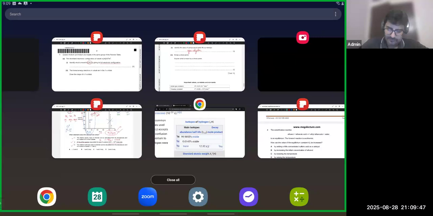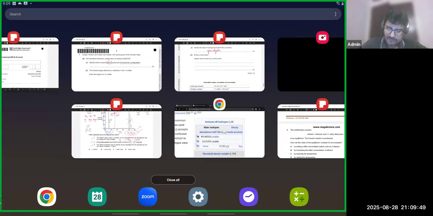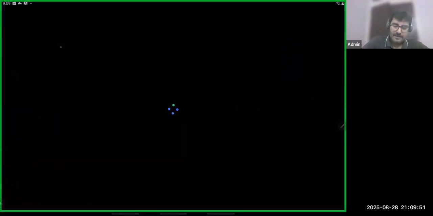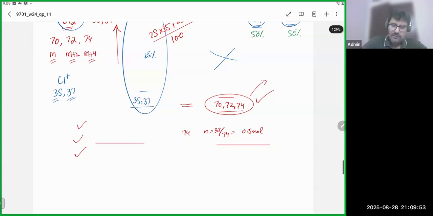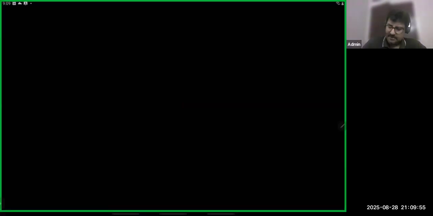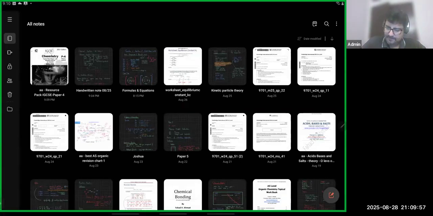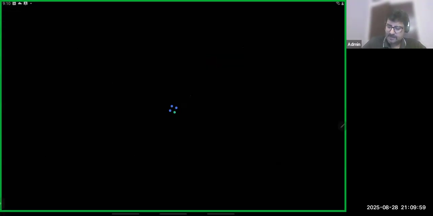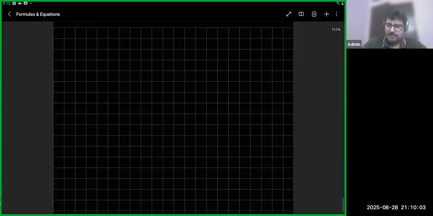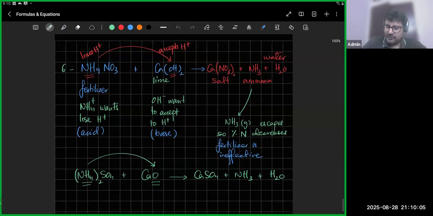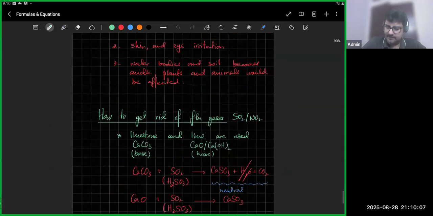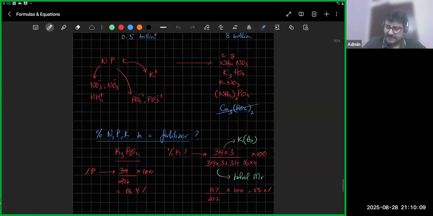Yes, let me open the notes. Remember we did indicators. I don't know, I remember getting formulas and equations, but I think we missed out on the universal indicator. Just one second. Where are the indicators and the color changes?